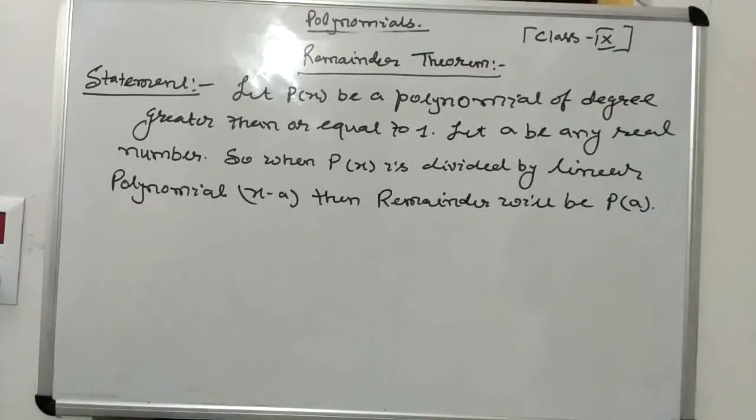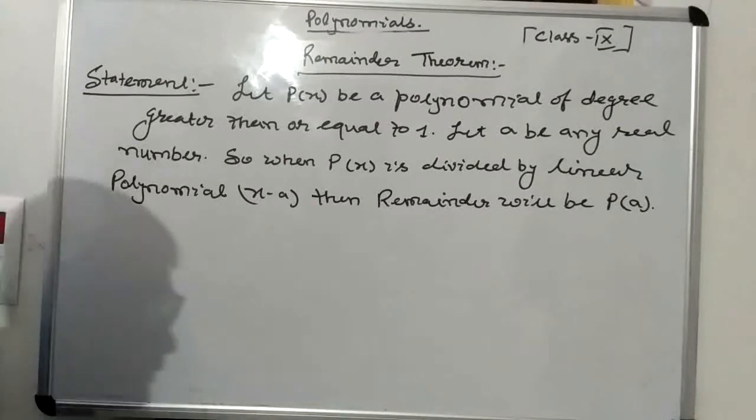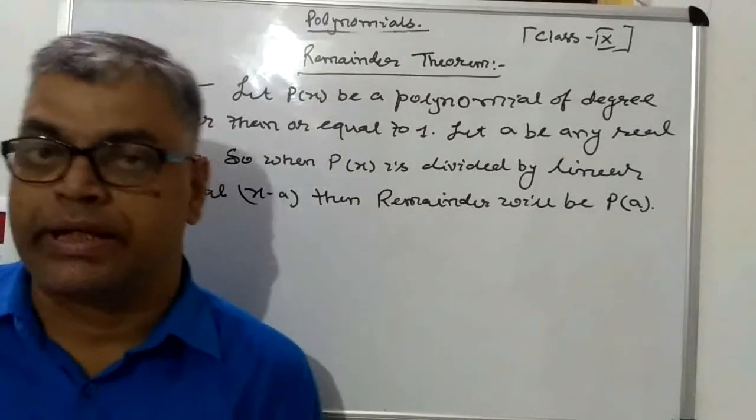In the remainder theorem, it is saying that let P(x) be a polynomial of degree greater than or equal to 1, and a be any real number, either positive or negative. Real number means 2, 3, 4, 5, 6, anyone.